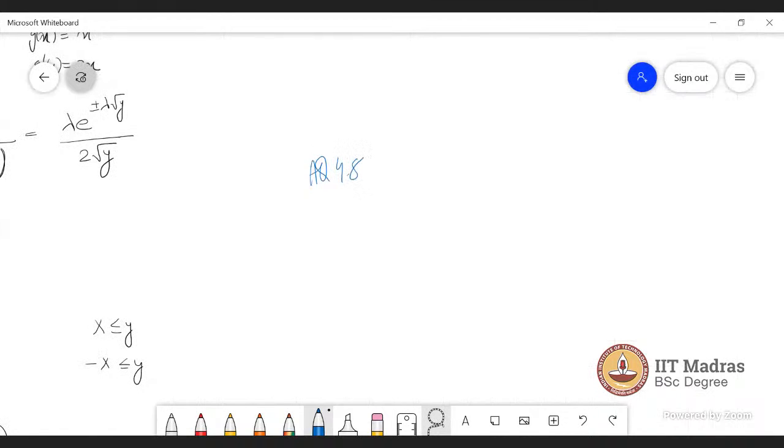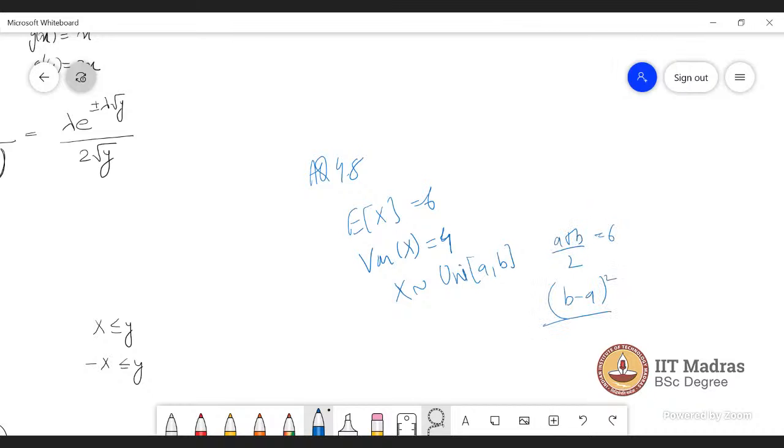Expected value is given to be 6 and variance is given to be 4, and the function is uniform between A and B. I'm using the formulas (A plus B) by 2 equals 6 and (B minus A) whole square by 12 equals 4. But the answer is not coming out to be 24, which is given in the activity.